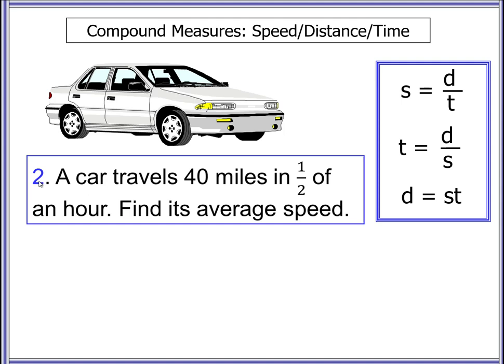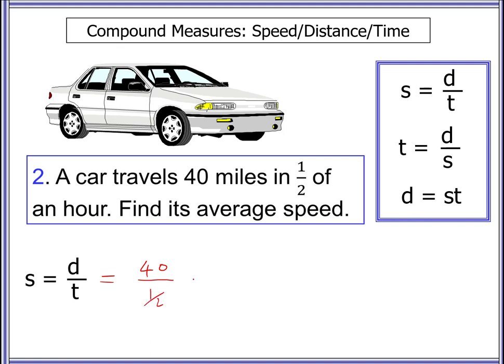Second example, a car travels 40 miles in half an hour, find its average speed. So speed is measured in miles per hour. So if we write that down, S equals distance over time. Now that means we've got our distance of 40, and time is not a full hour, but it's part of an hour, half an hour, so we can divide by a half.